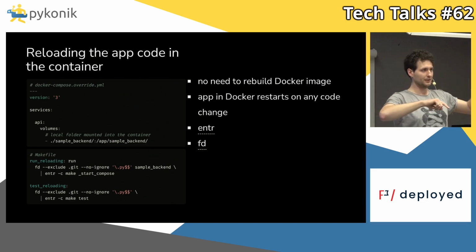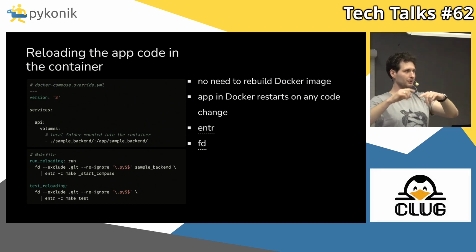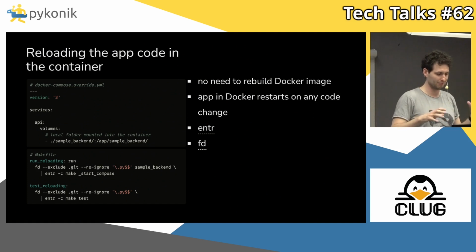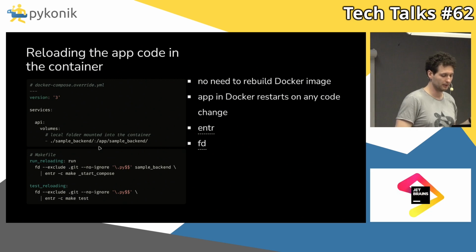But if you change the file, you still need to restart the container for the changes to take effect. So we need something that's going to reload the container on code changes.